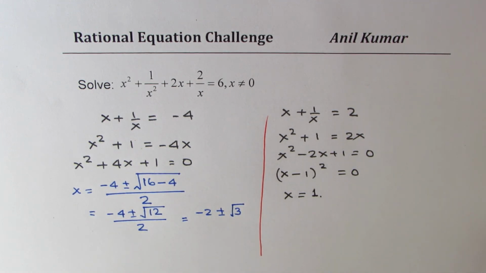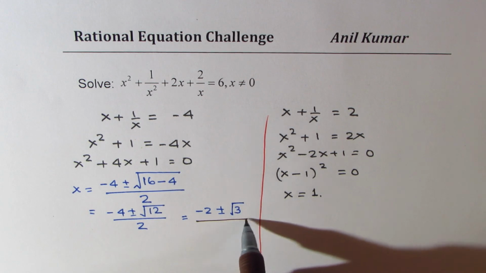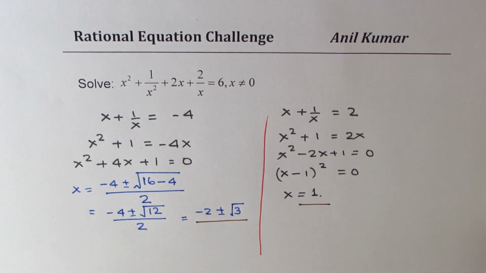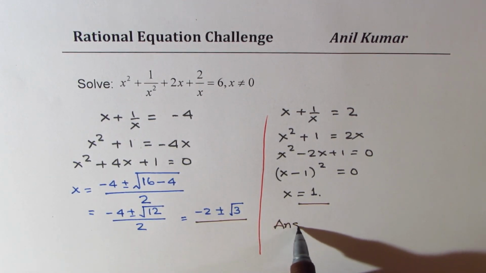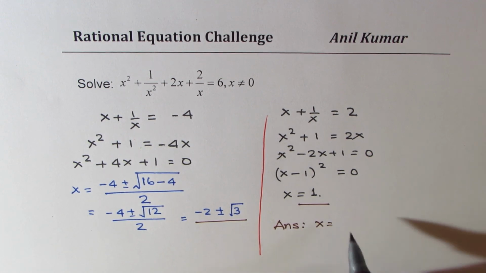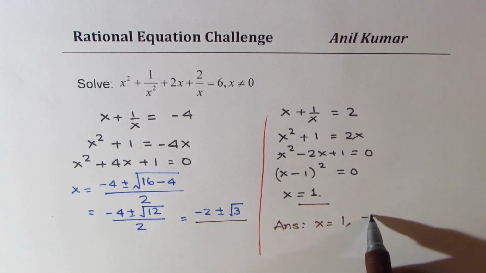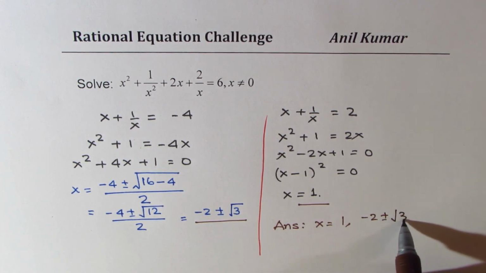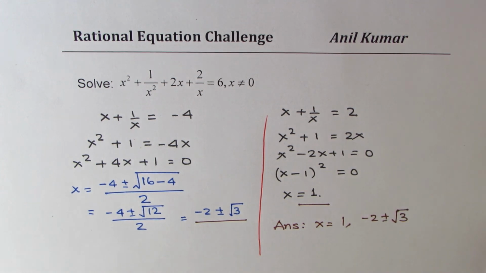So we basically now have three different solutions for our equation: minus 2 plus minus square root 3, and 1. So we can write down our answer as x equals 1 or minus 2 plus minus square root 3. So that is how you could solve this particular equation.